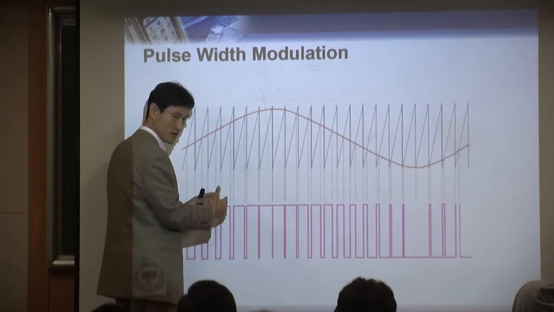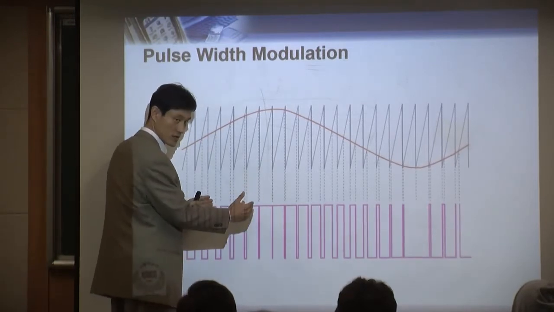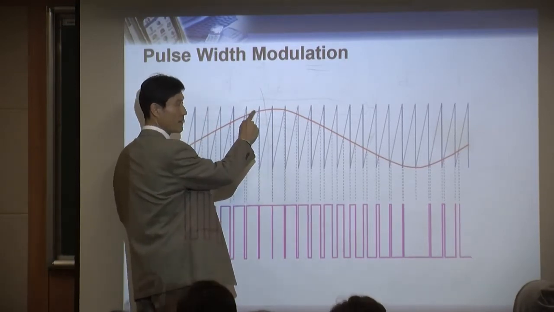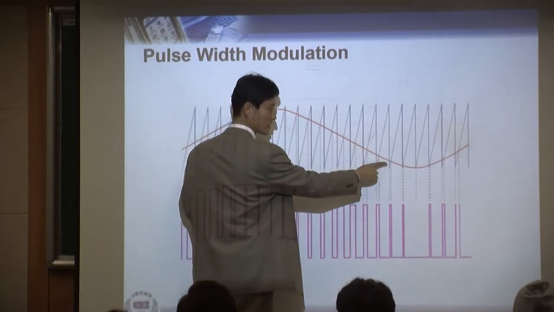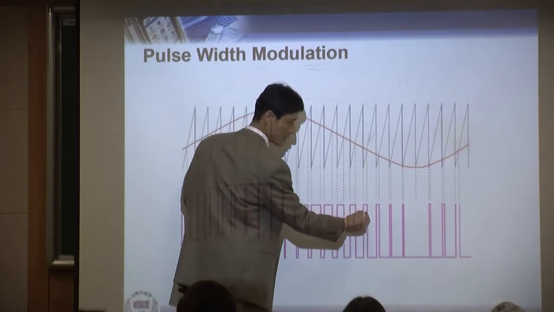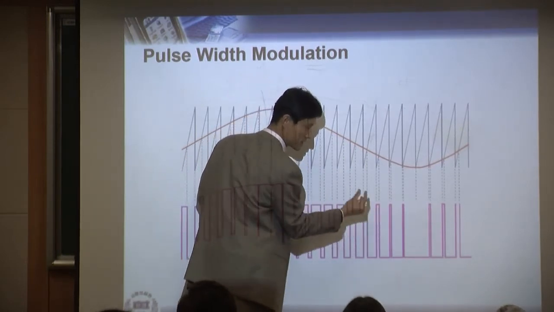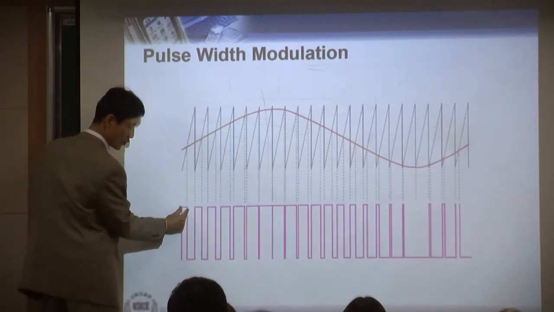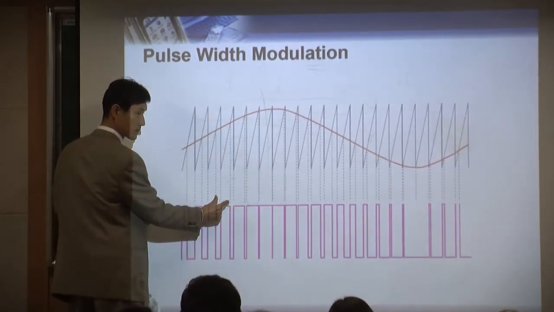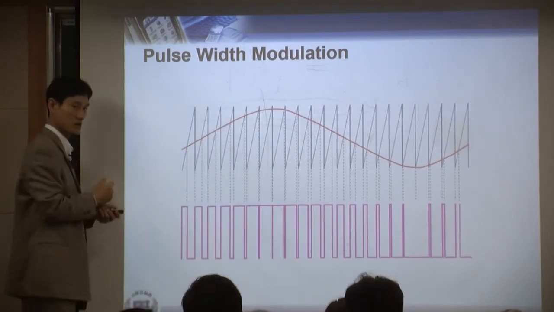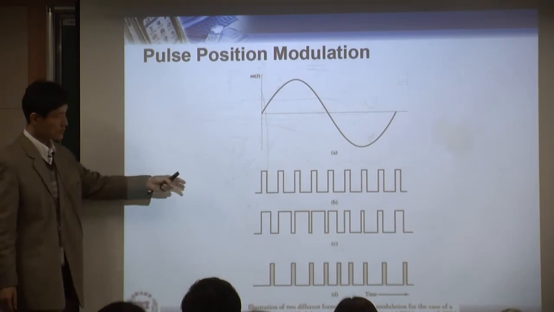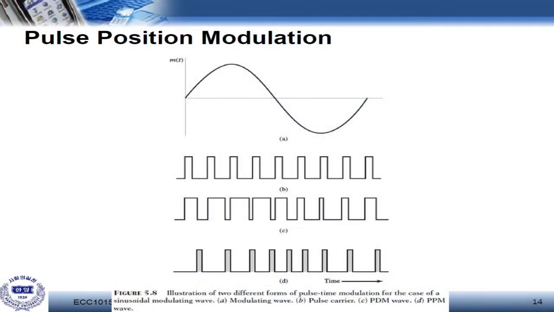When the original message m(t) goes down, the pulse is getting narrow. So that's pulse width modulation. Depending on the width of the pulse, you have different information. This picture also shows you the pulse position modulation.